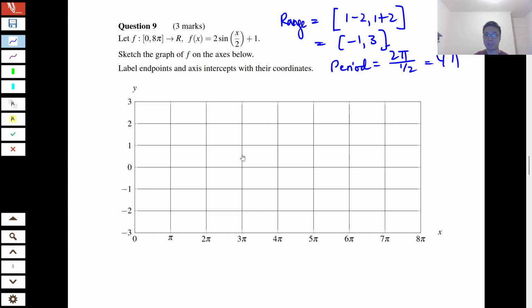So now I just need to position some points. So sine of 0 is 0. So at x equals 0, the graph is going to go through 1, the mean. And then at 4 pi, I'll be back to the mean again. Halfway between the start and end of the period at the mean position, I'll have another point through the mean.